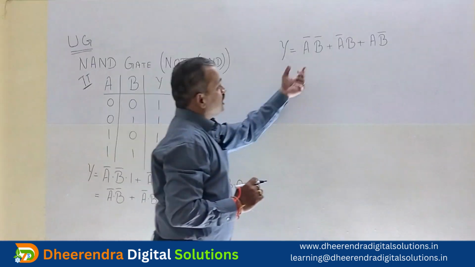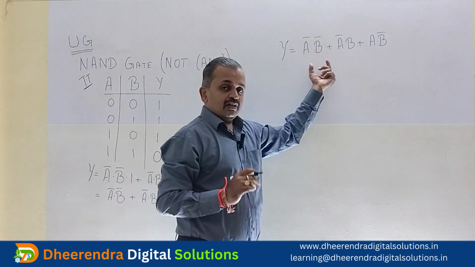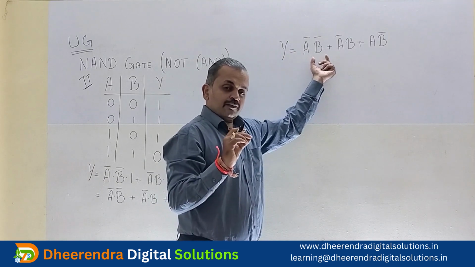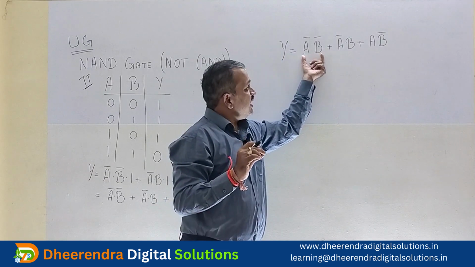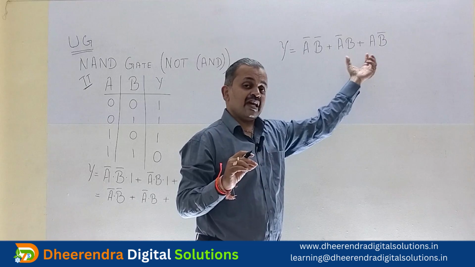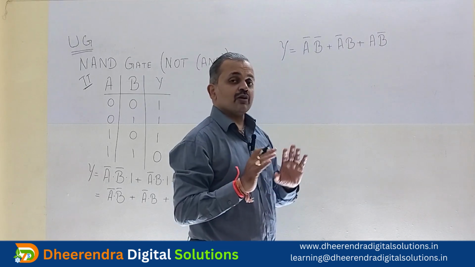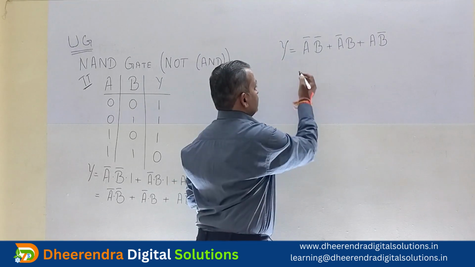Now what we'll do is, we already know that if we have a particular term, I can repeat any of these terms any number of times. It does not make a difference in the equation.